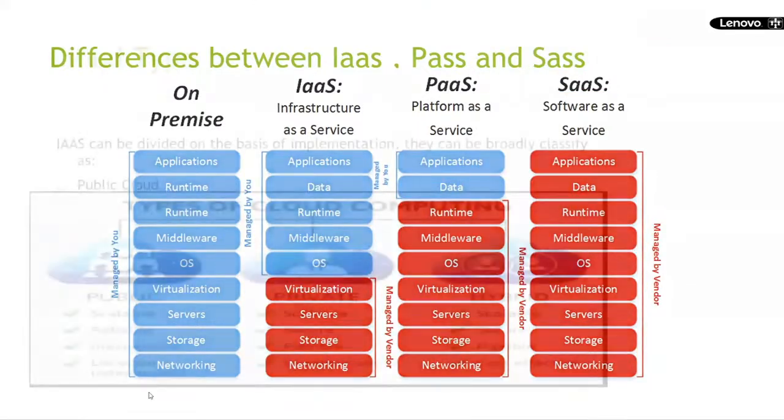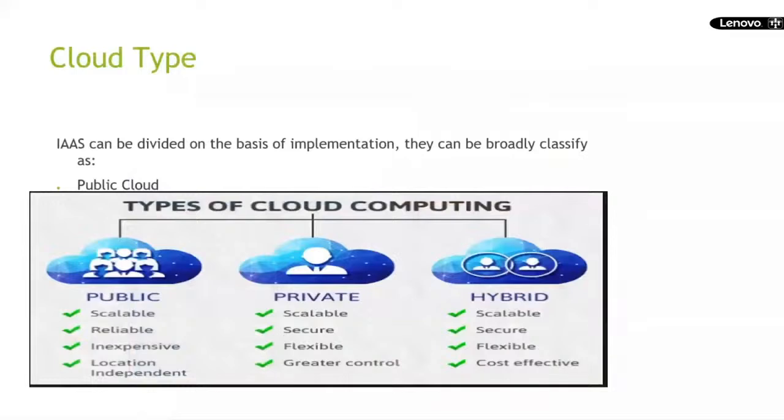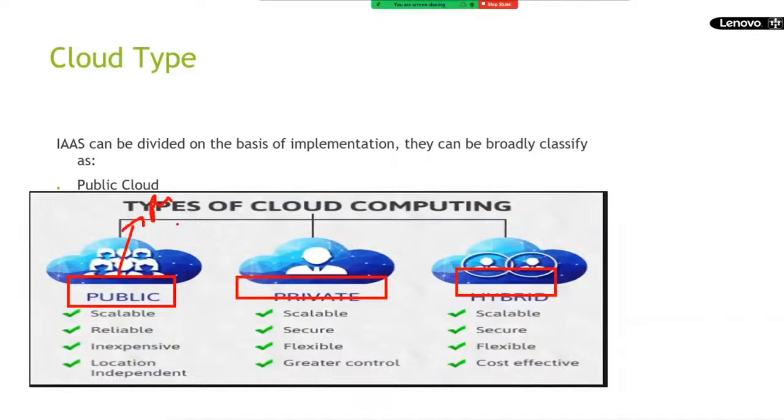Next, globally, we have three types of clouds: public, private, and hybrid. What is public, guys? Public means the services or resources can be accessed from anywhere in the world. Private means the services can be accessed only within the corporate network.